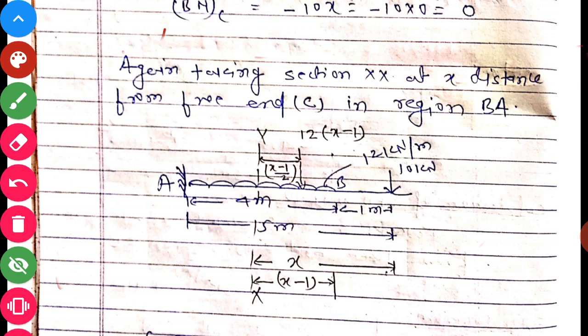Again taking section XX at x distance from free end C in region BA. Remember this point, the distance is always taken from the free end.